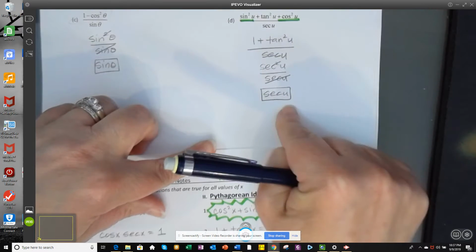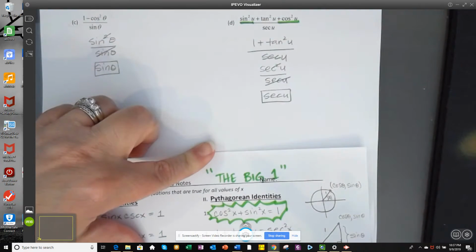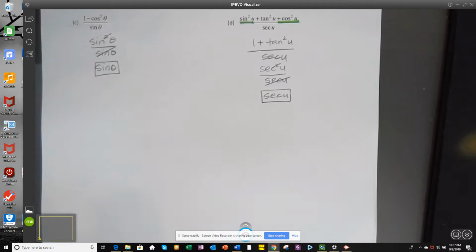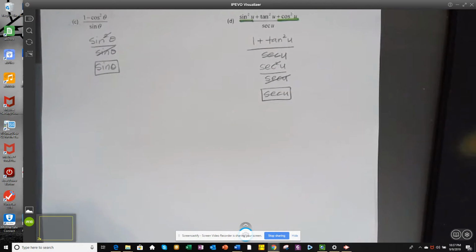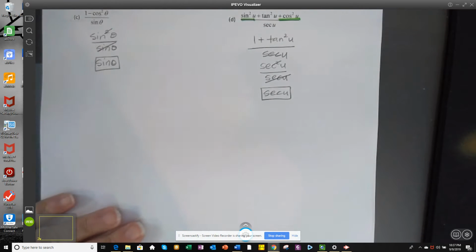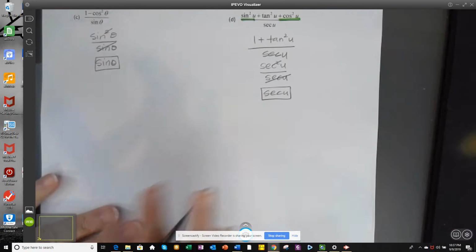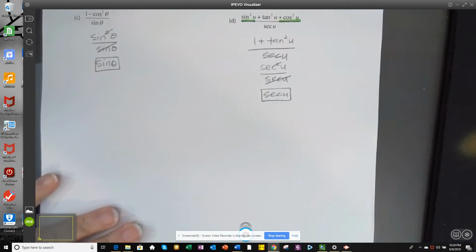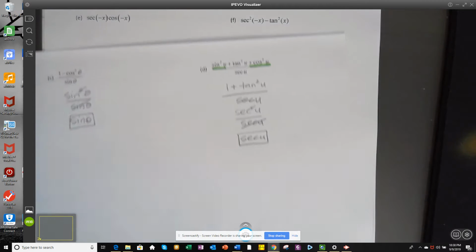And this expression is simpler than the one we started with. A whole bunch less letters in that one, huh? So once you have these trig identities memorized, you start seeing what you might need to do to make your expressions simpler.